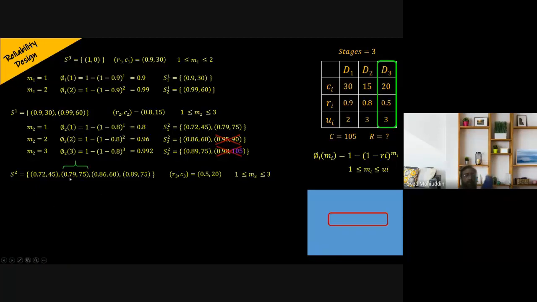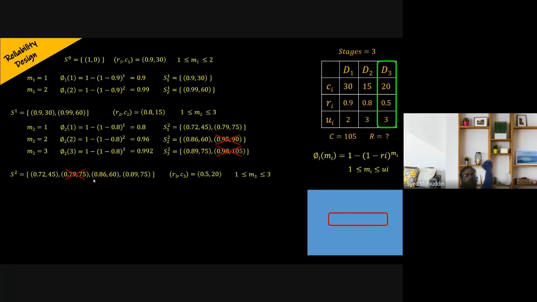Now let us look at this tuple with a reliability 0.79 and cost 75, and its beside tuple, which has a reliability as 0.86. Reliability is increasing, but cost is 60, which is decreasing, and it's not possible. So this cost is decreasing, whereas the reliability is increasing. So according to the purging rule, we will eliminate the preceding tuple.